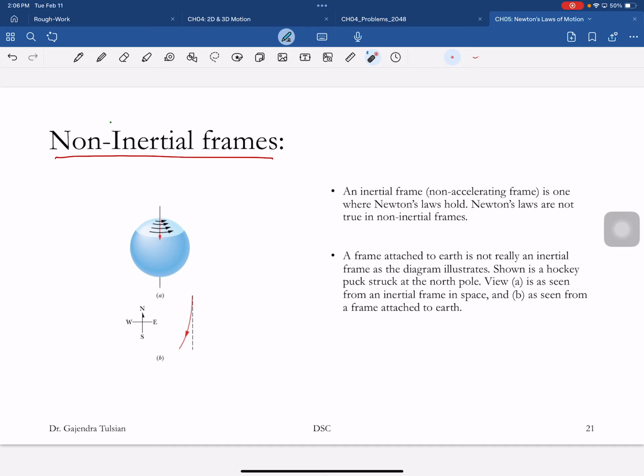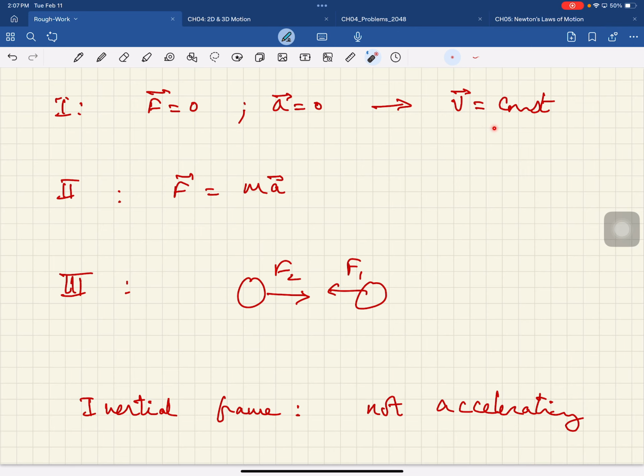When you're standing on the Earth, the Earth is rotating, it's accelerating, so you're in a non-inertial frame, and an object deflected even though there was no force acting on it, which is not what Newton's first law says. So these laws are not valid in non-inertial frames of reference.